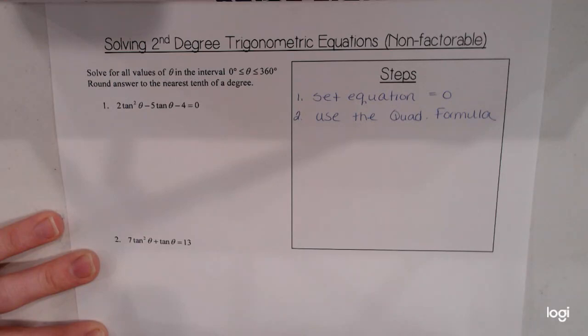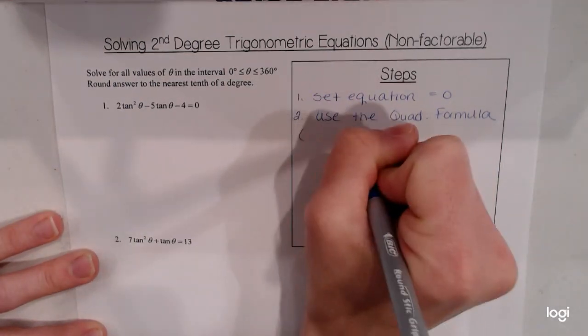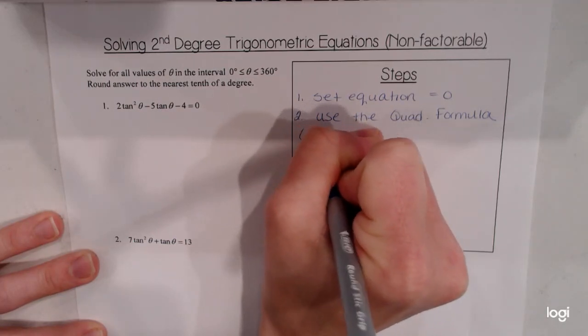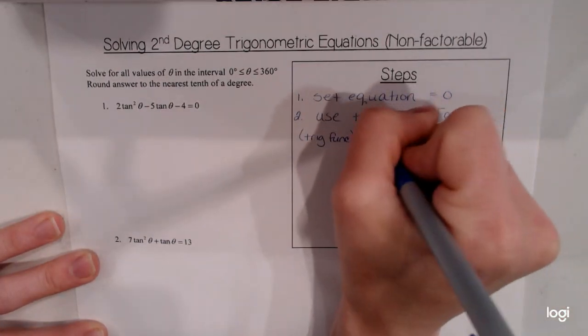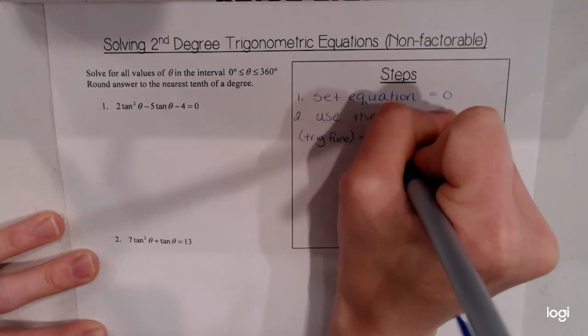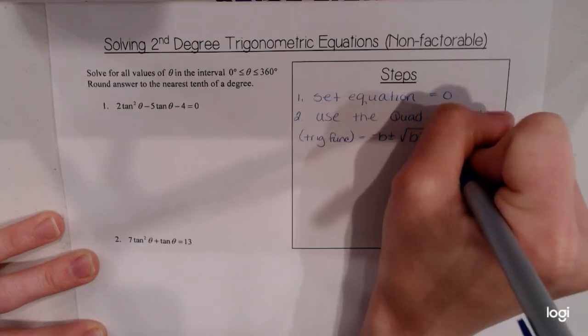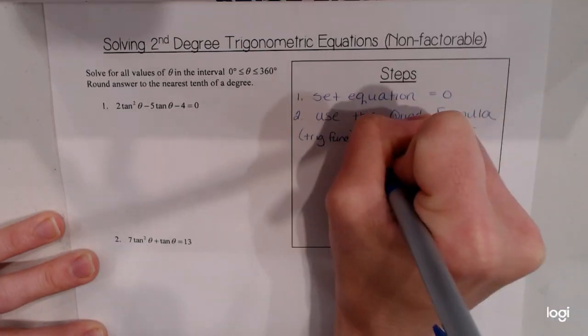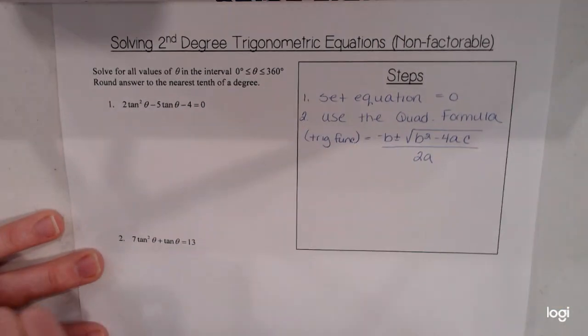In parentheses here, I'm going to put that it's whatever trig function we are working with equals negative b plus or minus the square root of b squared minus 4ac all over 2a.